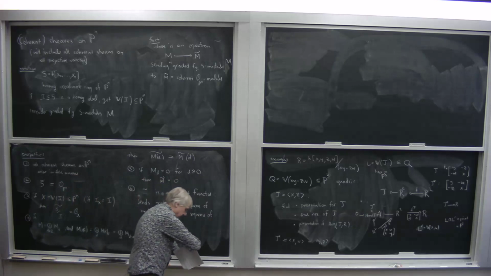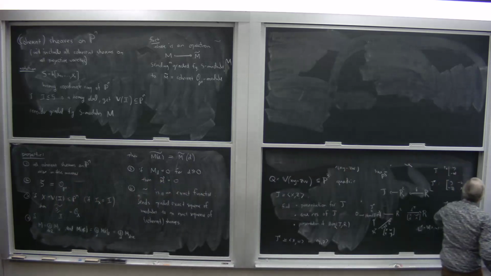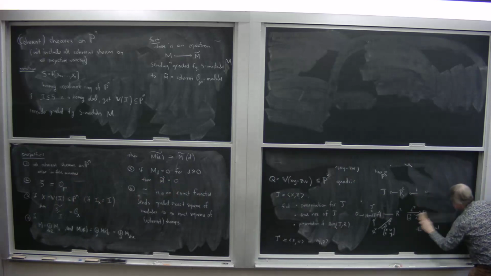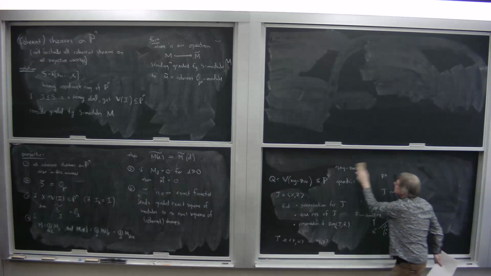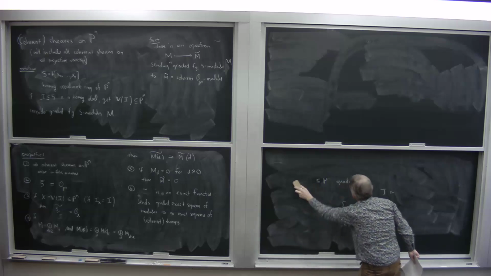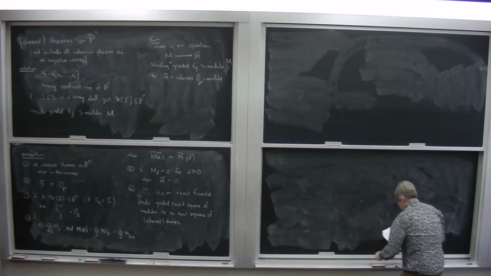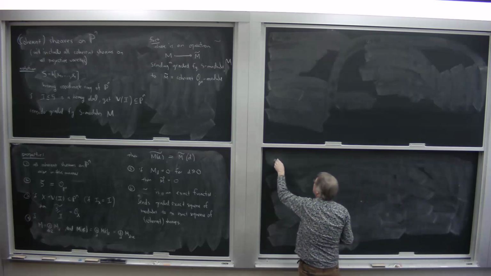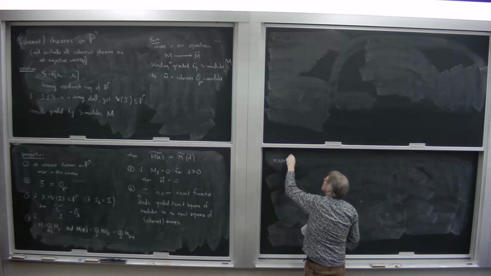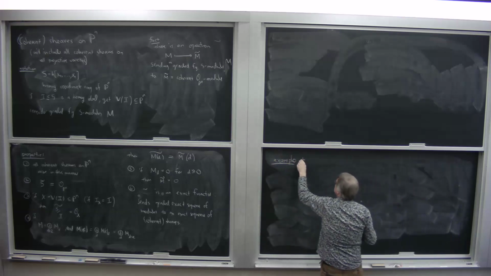So I'm going to do an example of it. How are we doing? Okay, good. So let's take our trusty example, which is the twisted cubic.